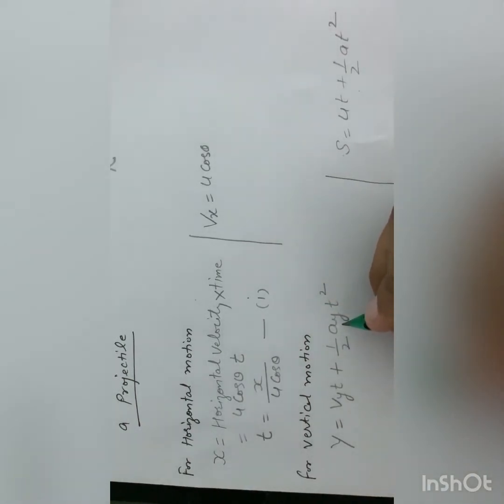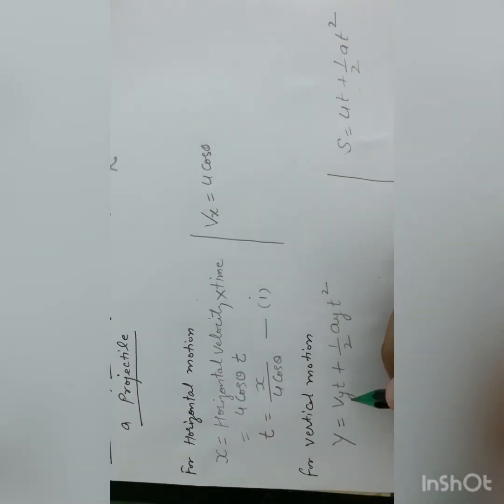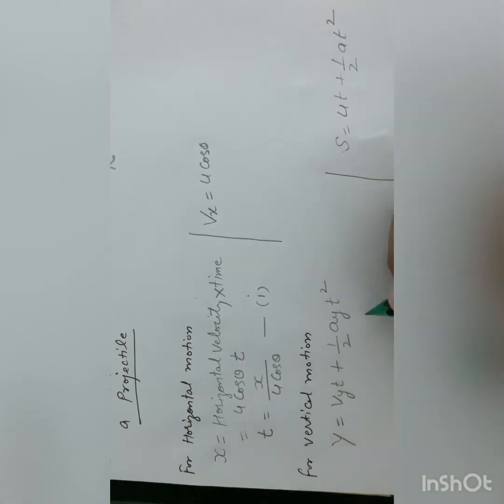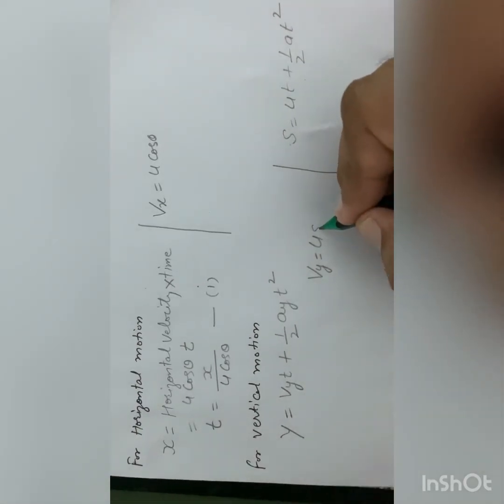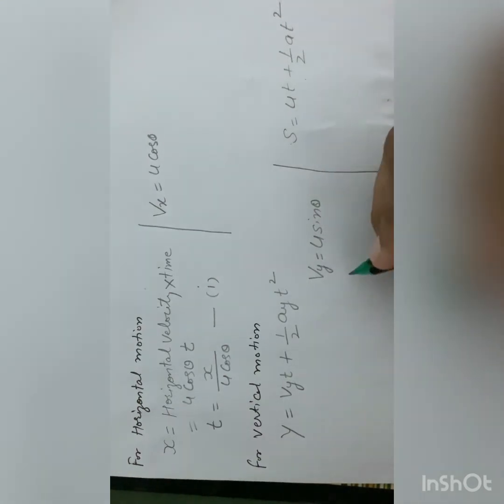Ay is the acceleration along the y direction, and Vy is the component of velocity along the y direction, which is u sin θ.